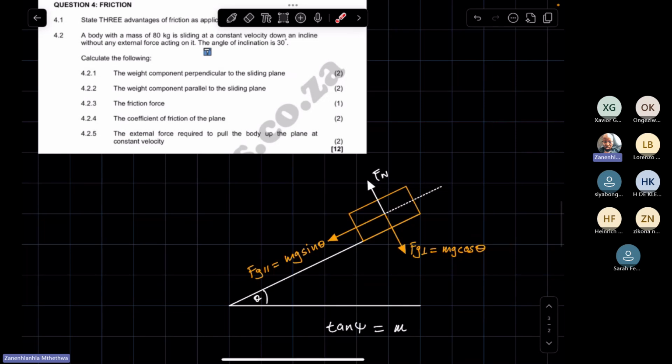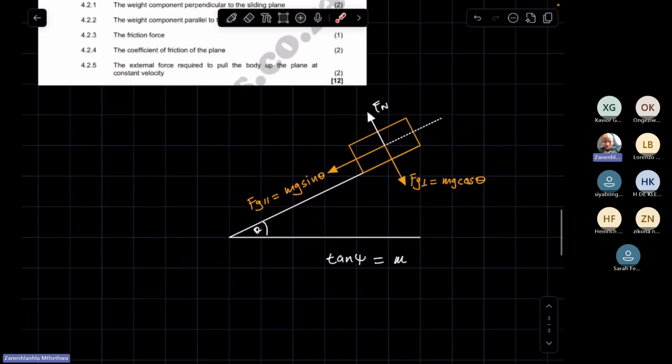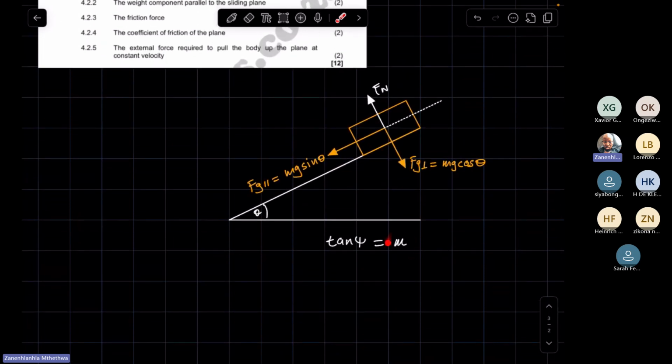In such a scenario where the angle of inclination is equal to the angle of repose, it suggests that the coefficient of friction is equal to tan of the angle of repose.